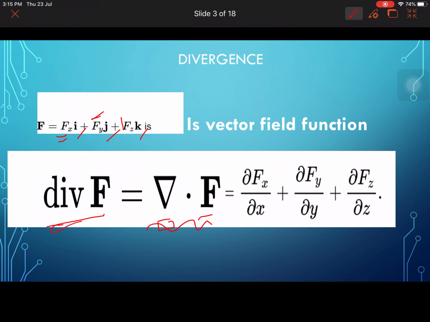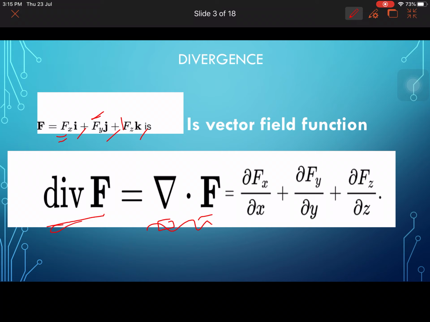When you take the dot product, del dot f equals dou fx by dou x plus dou fy by dou y plus dou fz by dou z. Of course, you should remember that del bar dot f bar is also equal to f bar dot del bar. But generally del bar is an operator.